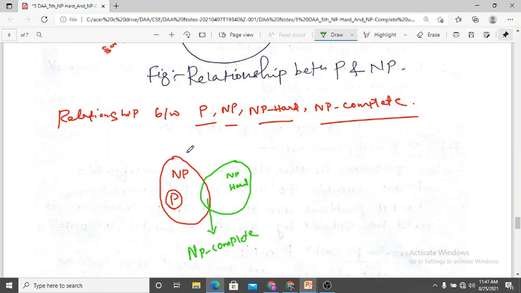Okay, so this is polynomial time, this is non-deterministic polynomial time, NP hard and NP complete. So this is a relationship between these four.